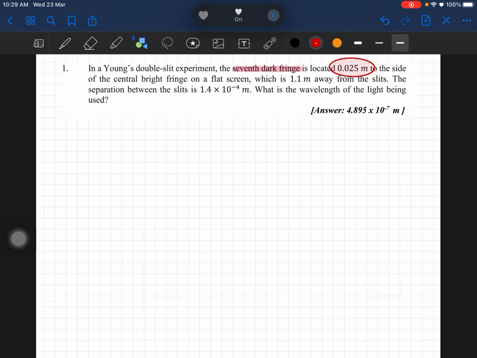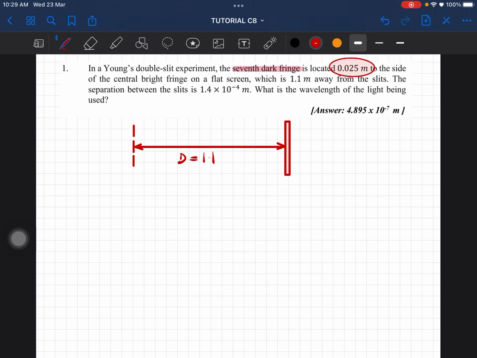If you were to draw that, this is a Young's double slit experiment, so there are going to be two slits. The distance of these slits to the screen is about 1.1 meter. That is going to be our capital D, so this is 1.1 meter. And then the seventh dark fringe is located 0.025 meter from the central bright fringe.